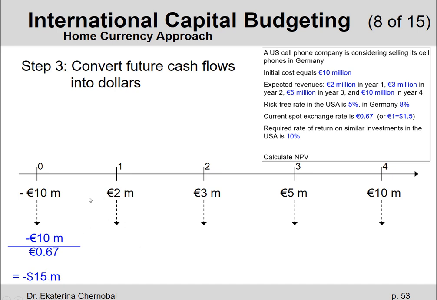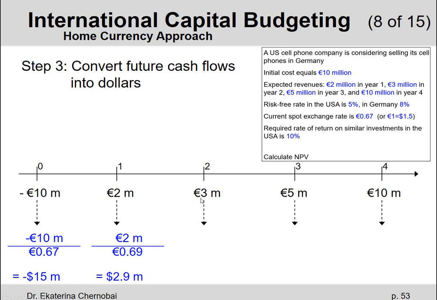The same way we convert next year's cash flow from euros into dollars using the exchange rate we found in step number 2 as the estimated exchange rate for that time. So we take 2 million euros divided by 0.69 euros per dollar from the previous step, which gives $2.9 million.